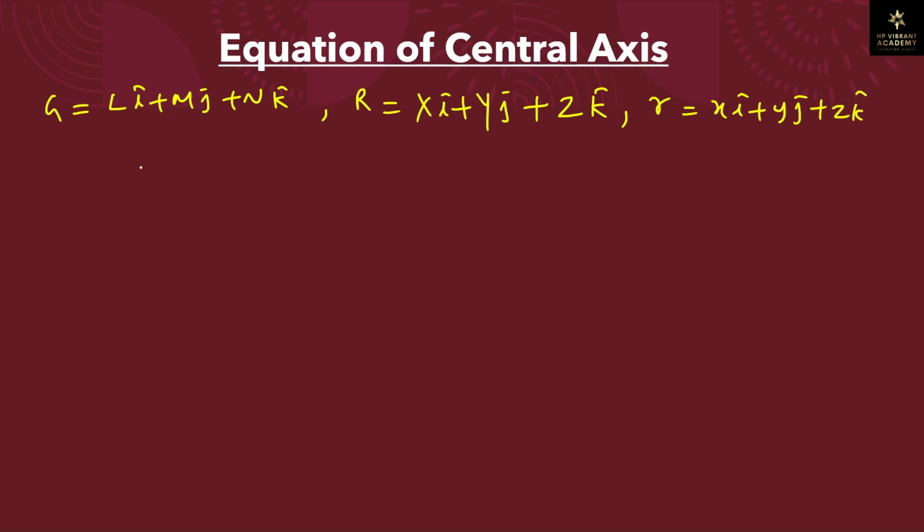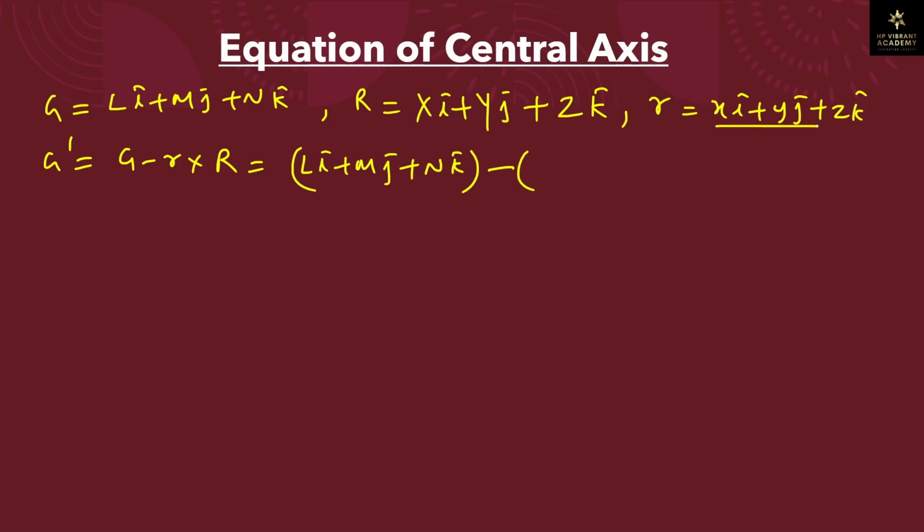The equation of central axis is G dash equal to G minus r cross R. So this is L i cap plus M j cap plus N k cap minus the position vector x i cap plus y j cap plus z k cap cross X i cap plus Y j cap plus Z k cap.